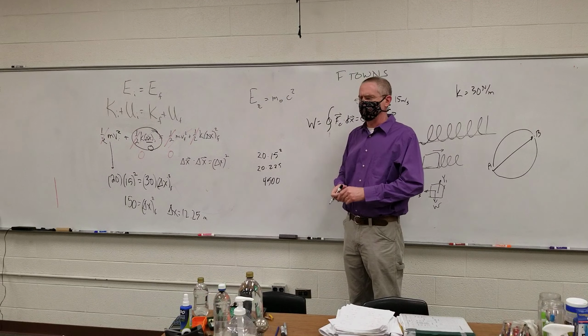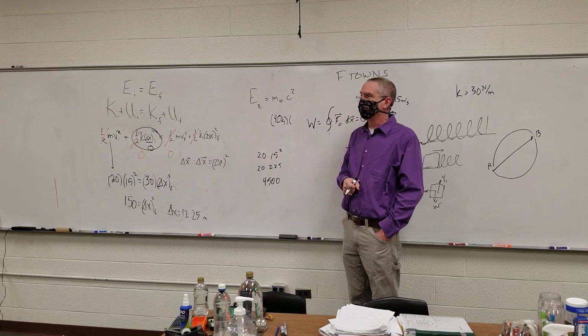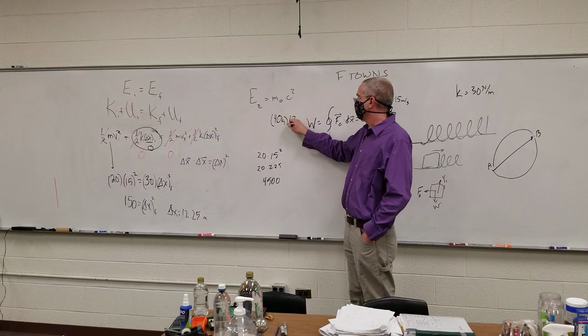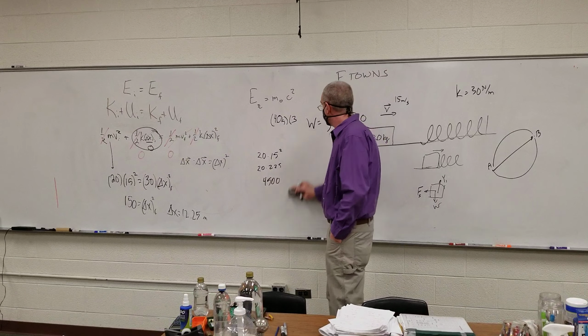Yes, that was 40 kilograms. 40 kilograms, all right. c is the speed of light. What's the speed of light? 3 times 10 to the 8. You round off, Nick? There is an exact number, but this is good enough. 3 times 10 to the 8 meters per second.